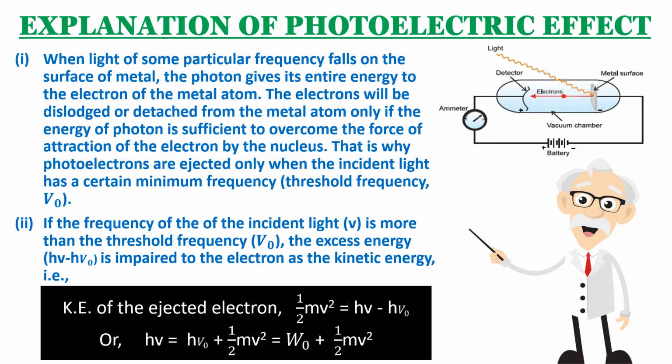So we can rearrange it as h nu equals h nu naught plus half m v square, or we can write h nu naught as w naught, that is work function, plus half m v square. So we can call this equation Einstein's photoelectric equation. Hence greater is the frequency of the incident light, greater is the kinetic energy of the emitted electrons.